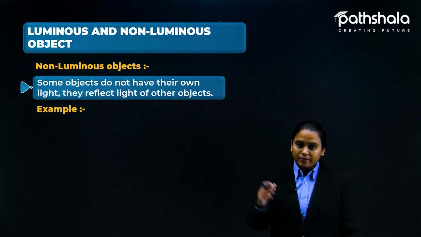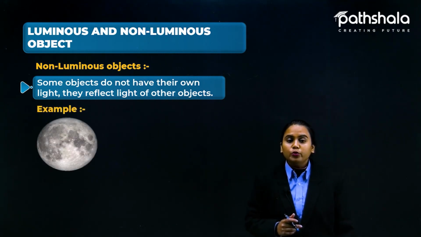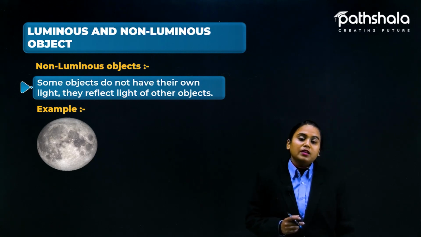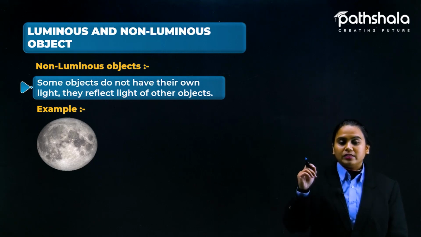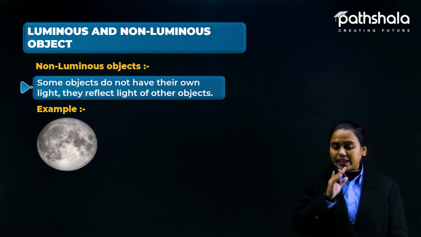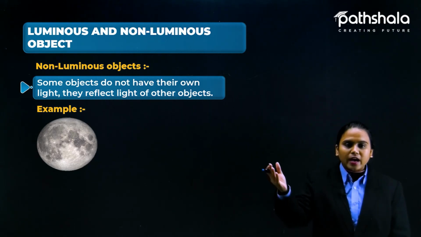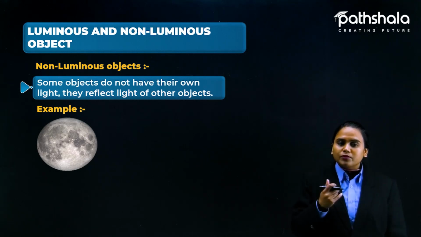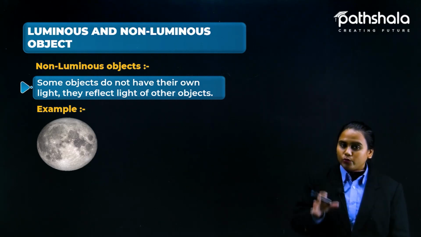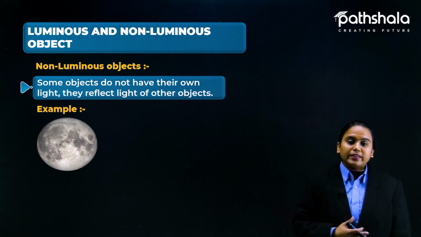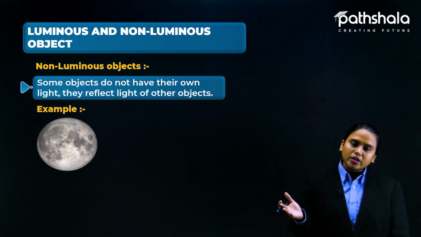The moon is a perfect example. The moon throws light that is coming from the sun, in the direction of the earth and all other directions also. Because we receive it on earth, the moon is visible to us because of the sun. If there is no sun, the moon would not be visible.